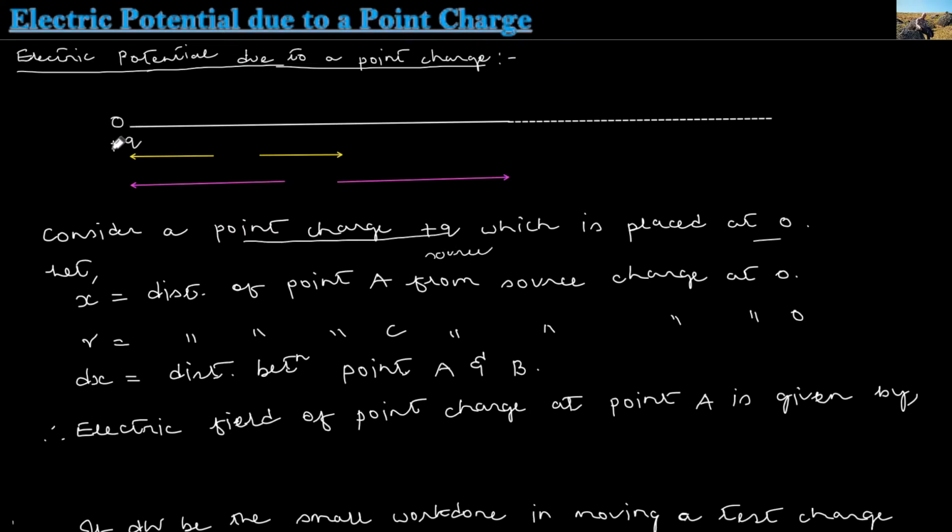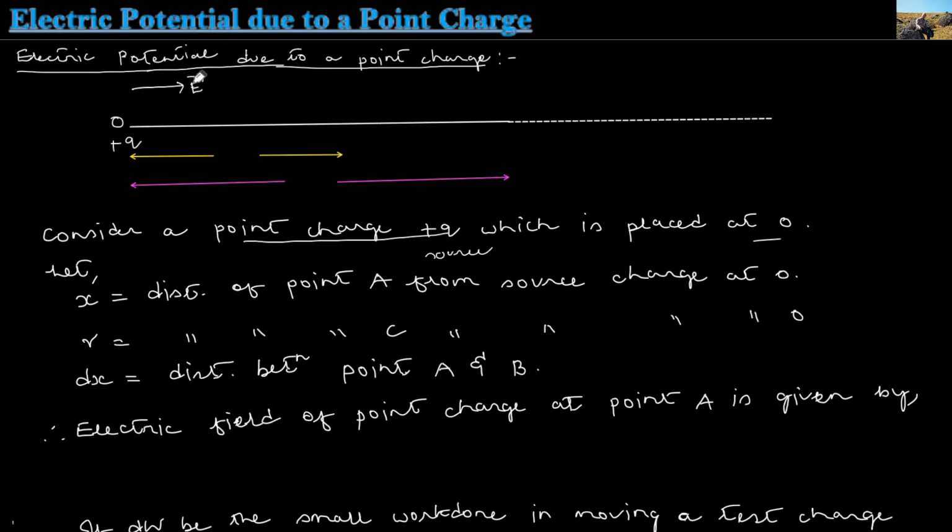We know that when we have any charge, there will be an electric field associated with that charge. Let E be the electric field produced by the source charge, which is represented by certain vectors, and all these vectors are pointing radially outwards.